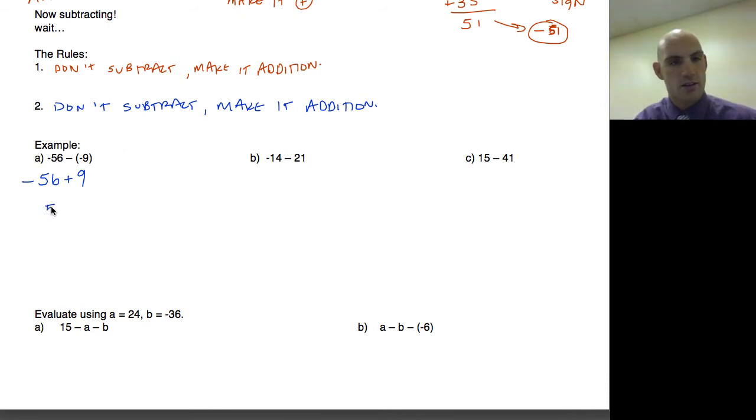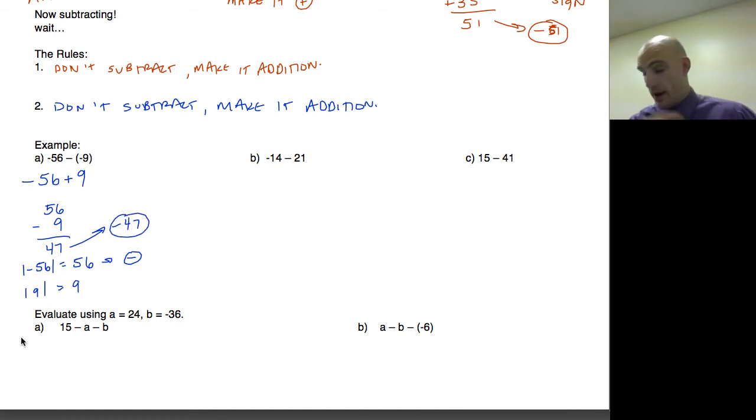So I subtract the easy way. 56 minus 9 is going to give me 47. And I keep the sign of the bigger absolute value. So the absolute value of negative 56 is 56. And the absolute value of 9 is 9. So I'm going to make it negative. So this is going to be negative 47. I made an addition problem and I added.